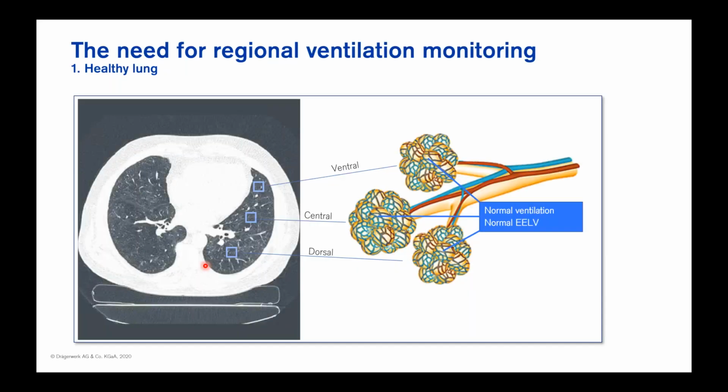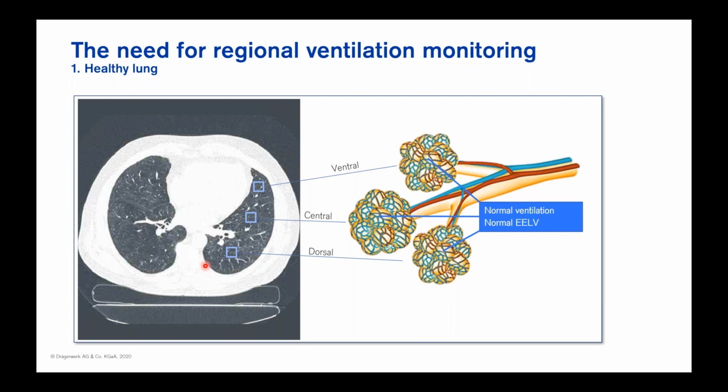So let's start with a CT scan. It's important to understand that a CT scan shows the air content of the lungs and not the ventilation. So it's showing air content. But the cross-sectional projection is very much comparable with what we do in the EIT.